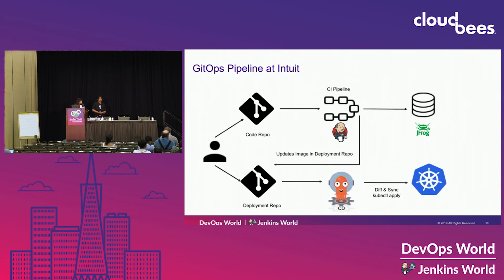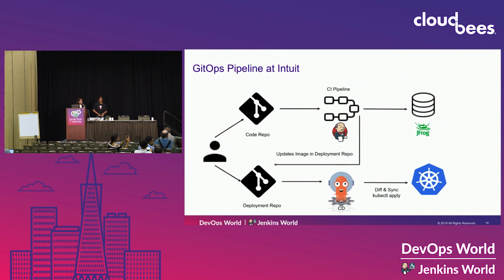So this is our GitOps pipeline at Intuit. It's a very simplified view of what we have. We have many more stages, approval, etc. But basically, a developer gets two repos, a code repo and a deployment repo. When he commits changes to code, it triggers our Jenkins CI pipeline.